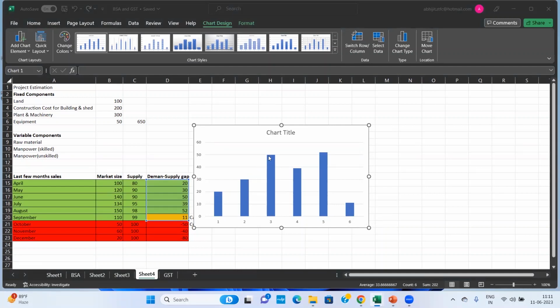Initially it went up, then slightly down, then slightly up, then an absolute fall. You can see the graph, right? See, here I have to be cautious. Now you tell me.